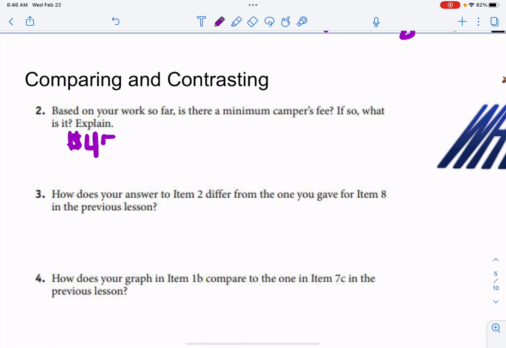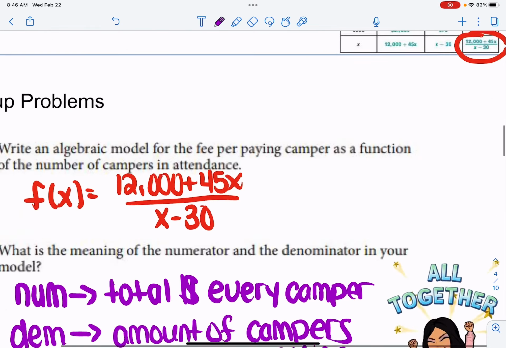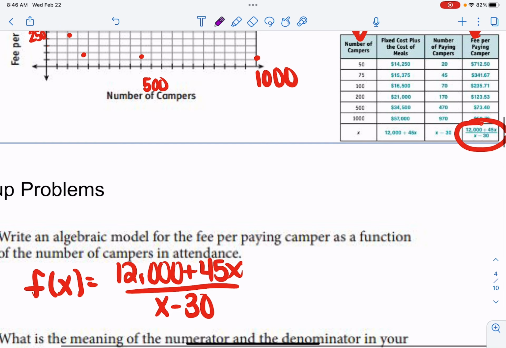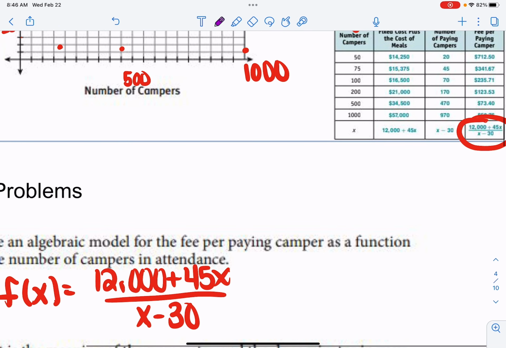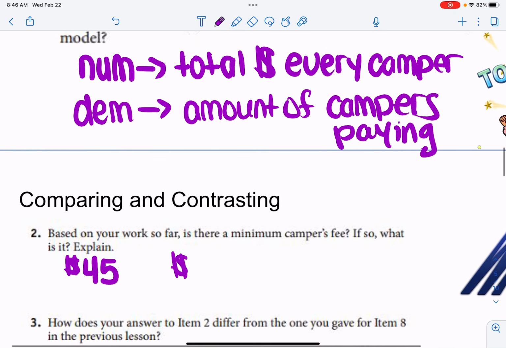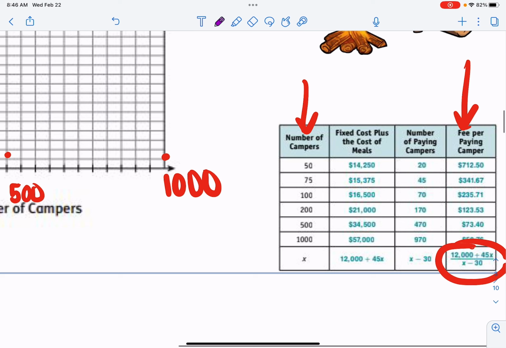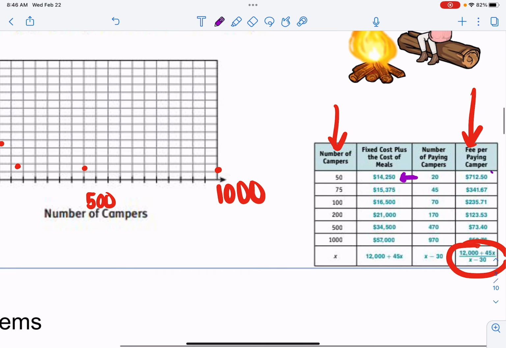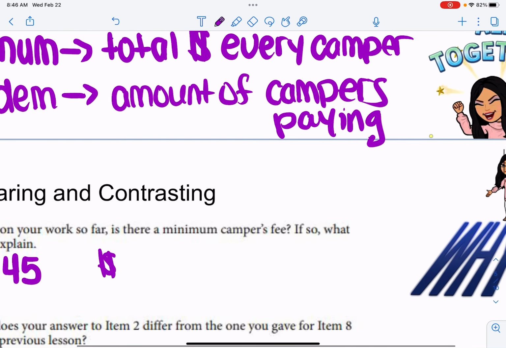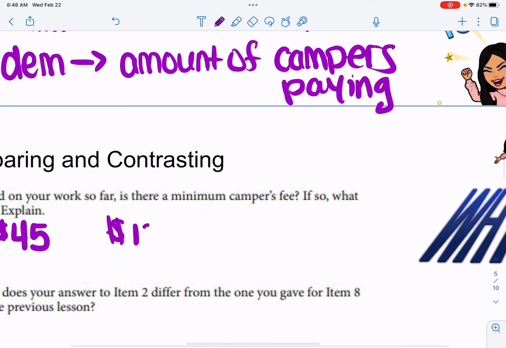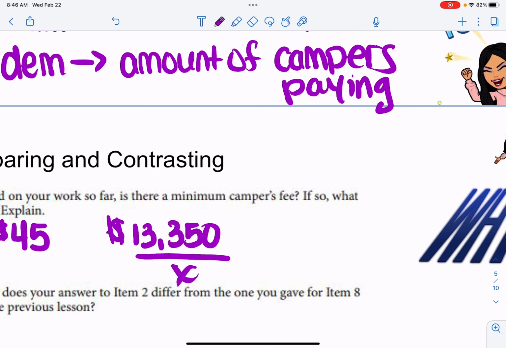And if we looked at our greatest amount, it's going to cost this much, minus the fee that the campers pay, so that's going to be 13,350 divided by the amount of campers paying.